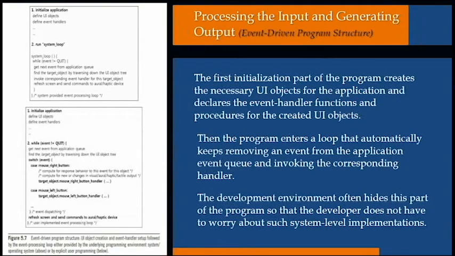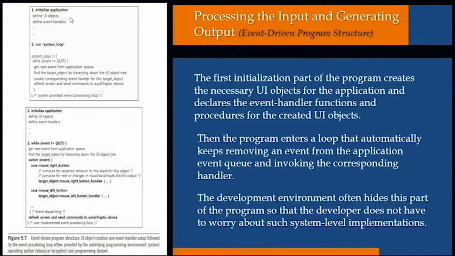Then let's proceed with the event-driven program structure. You can see here an example of a program. In the first initialization part of the program, it creates the necessary UI objects for the application and declares the event handler functions and procedures for the created UI objects.